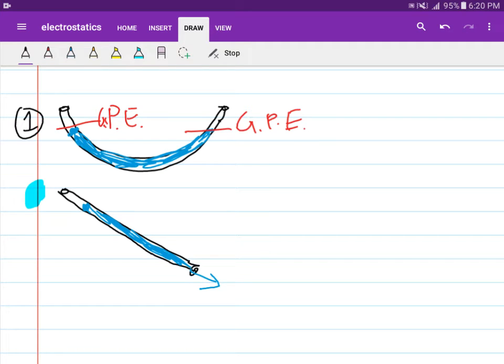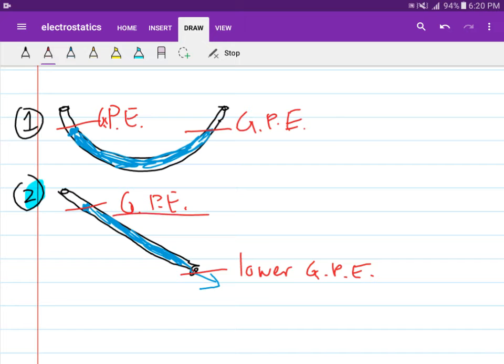Now in the second scenario, this has a certain gravitational potential energy, and in this level this has lower gravitational potential energy. So water will naturally flow from high gravitational potential energy to low gravitational potential energy.